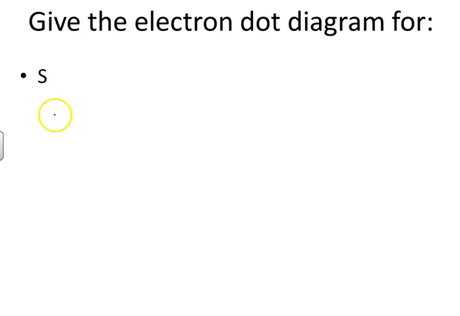Sulfur would be our next. Sulfur has an atomic number of 16. So we would have, as a noble gas, we would take care of the first 10 with neon. Then 3s2, 3p4 would be the electron configuration.